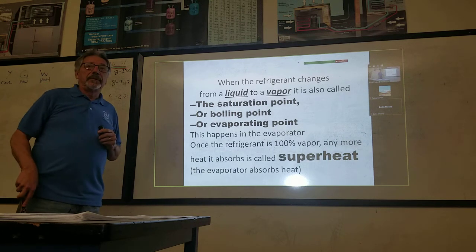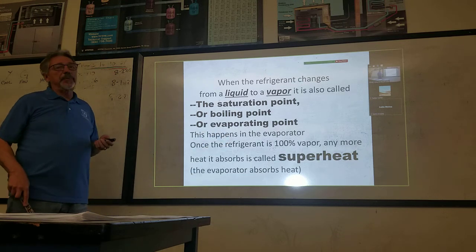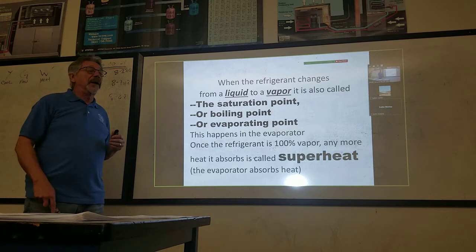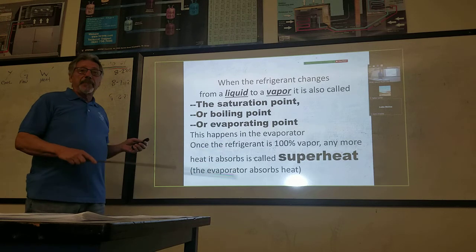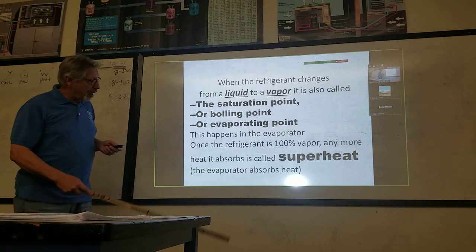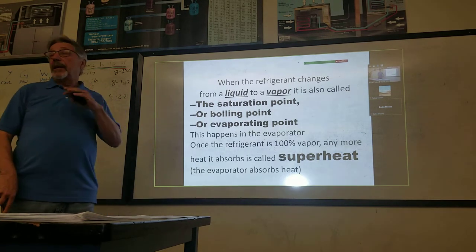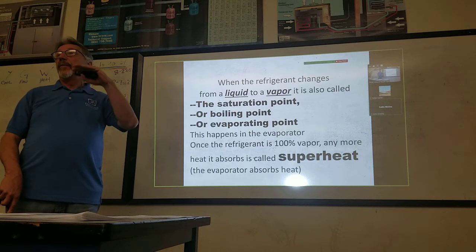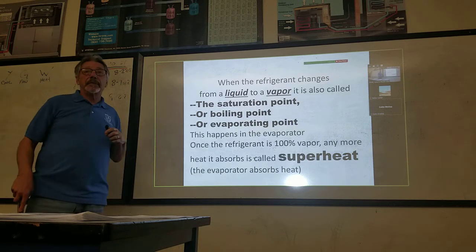So the saturation point is the point on the PT chart. All of this is happening on the low pressure side of the system. As that refrigerant travels out of the evaporator, it's 100% vapor now, and once it picks up any more heat above that saturation point, it's called superheat.